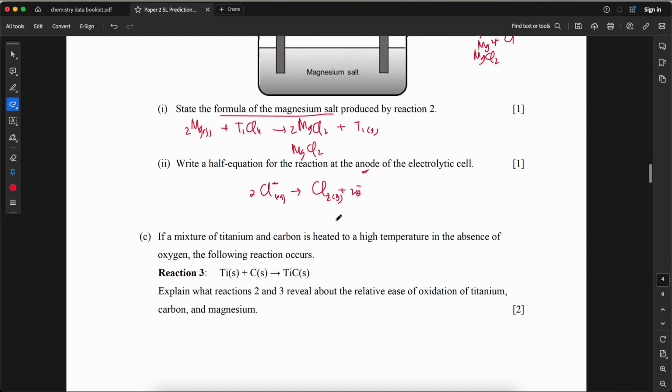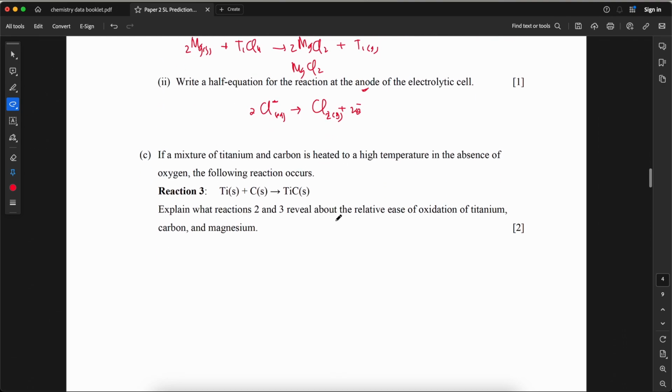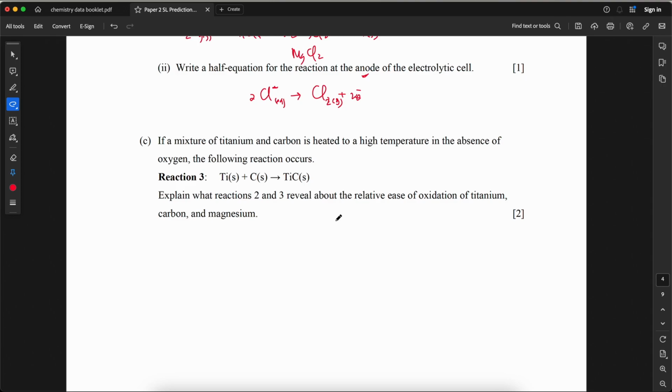If a mixture of titanium and carbon is heated to a high temperature in the absence of oxygen, the following reaction occurs. Titanium solid plus carbon solid produce titanium carbide. Explain what reactions 2 and 3 reveal about the relative ease of oxidation of titanium, carbon and magnesium.